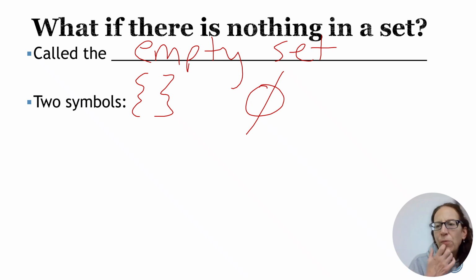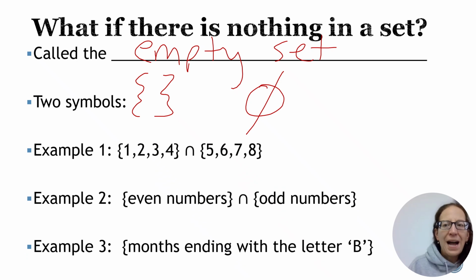So you might be wondering, well, what are some examples of empty sets? Well, I did this with intersections a couple times. So if you have the set 1, 2, 3, 4, and you're intersecting that with the set 5, 6, 7, 8, there's nothing in the overlap. There's nothing in common with both of the sets.